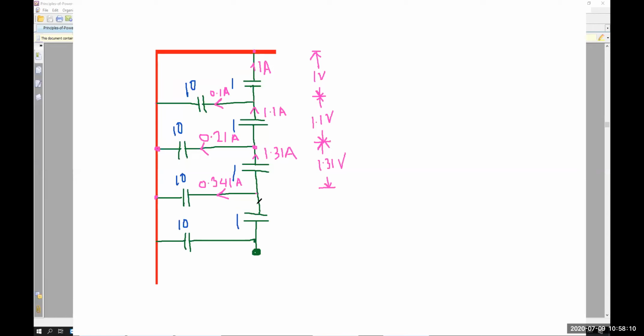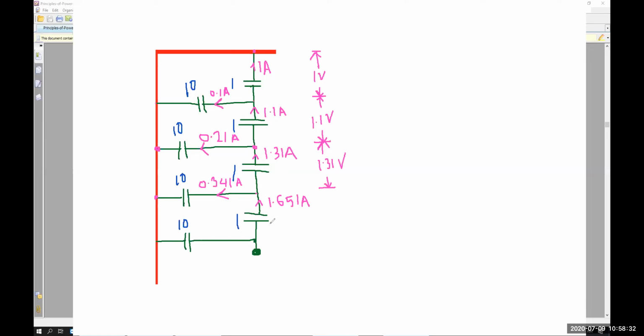So how much current will you have here? 1.31 plus 0.341, so 1.651 ampere. Understood?